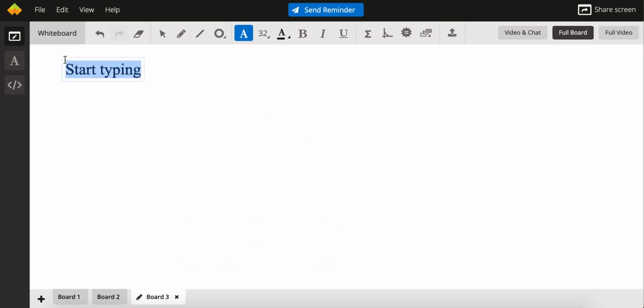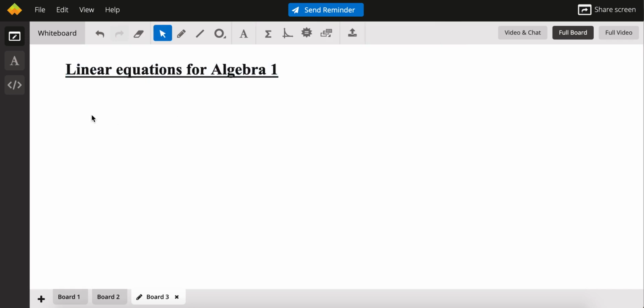Okay, so right now we're going to talk about the two types of linear equations for Algebra 1. So we got, let's just type this out, linear equations, Algebra 1. And we're going to start with point-slope form, right?